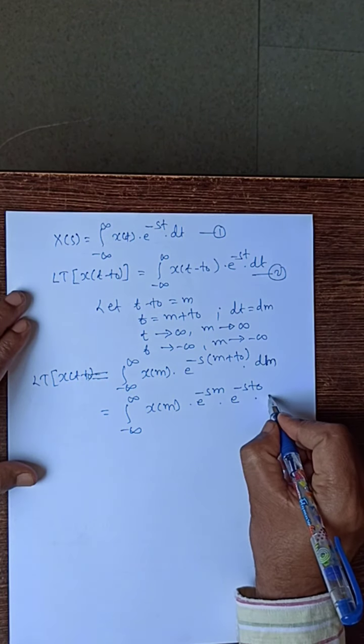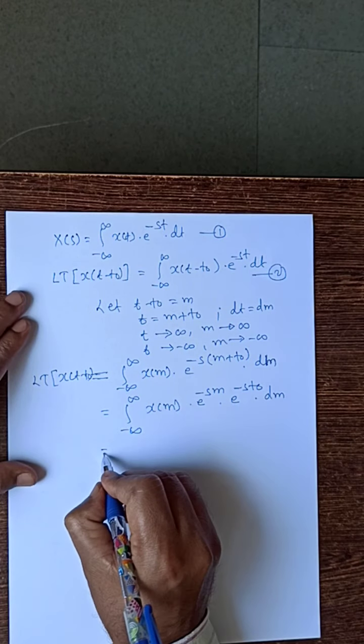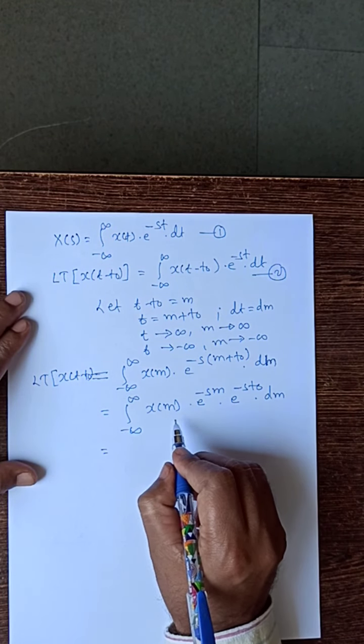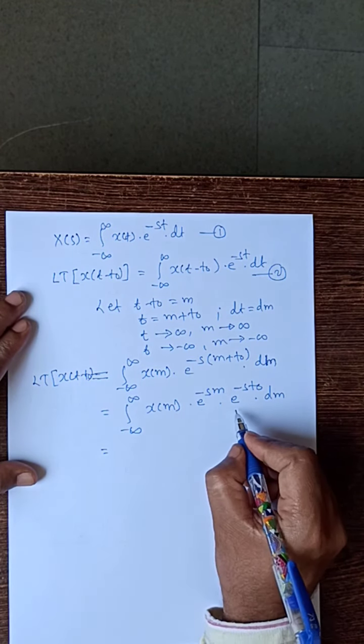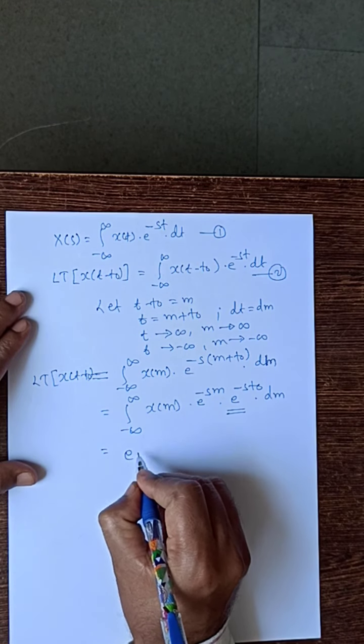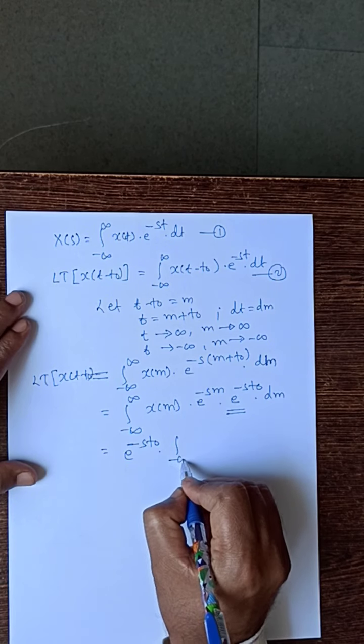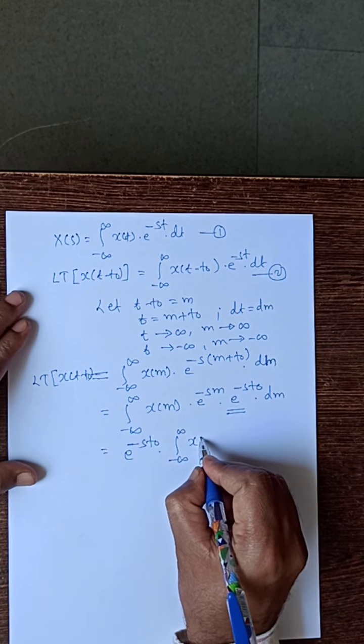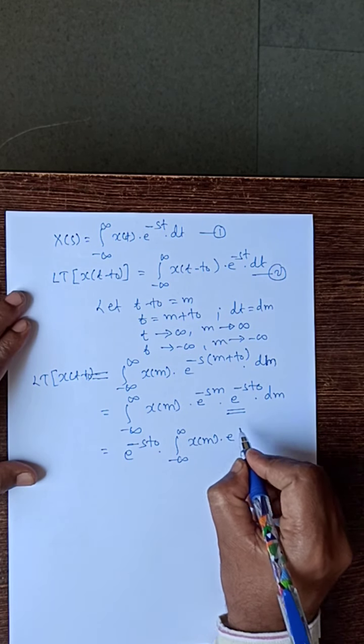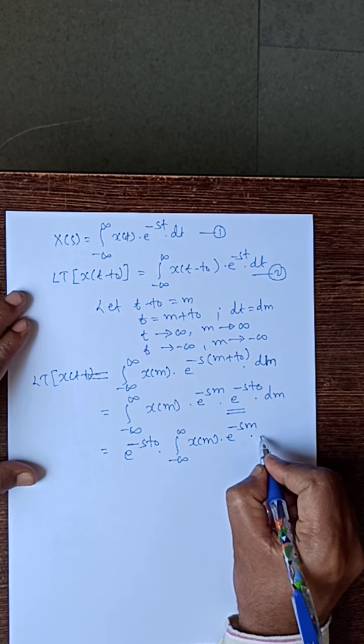So into dm, this is the integration with respect to m. So you can take this constant outside, e^(-s t0), times the integral from minus infinity to plus infinity of x(m) e^(-sm) dm.